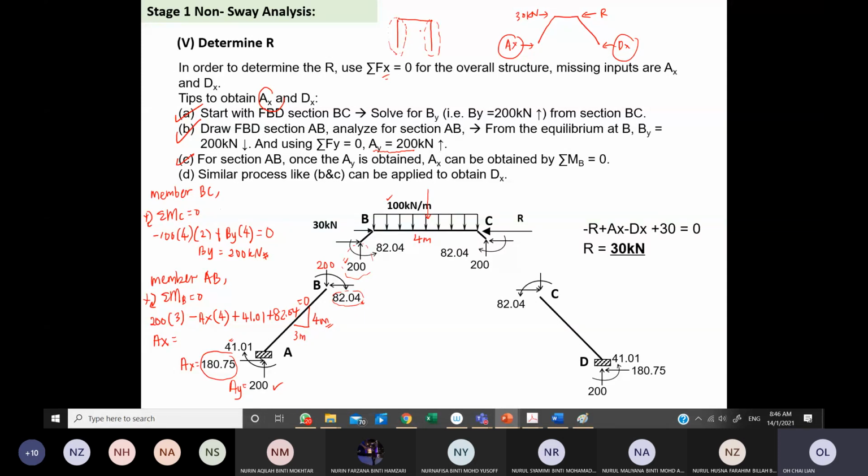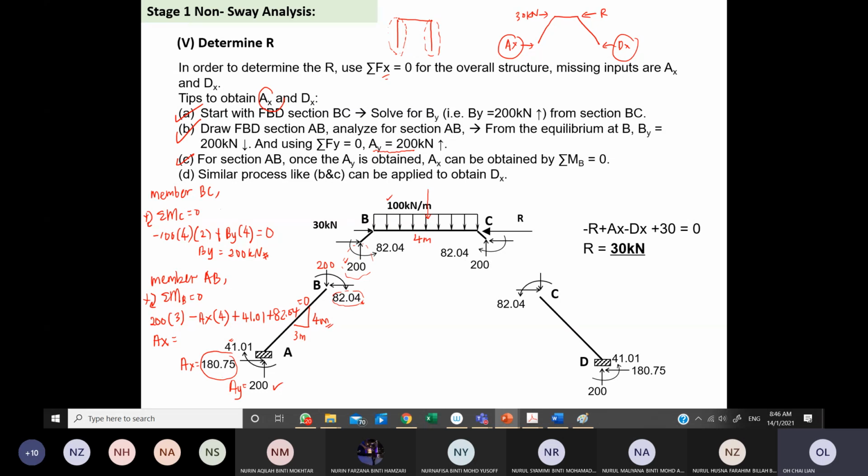We can get it easily, directly, without going through the section BC. But this cannot apply if your frame has a diagonal member. So be careful. There is one more step: we need to analyze BC first, and then transfer the information from BC to AB to solve the AX.